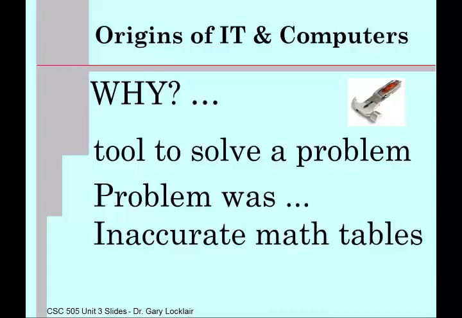Well, what Babbage noted is he'd go through a long, complex arithmetic equation, discover that the answer was wrong. He double-checked all his arithmetic. That was correct. And then he discovered there were errors in the books. And Babbage said, darn.